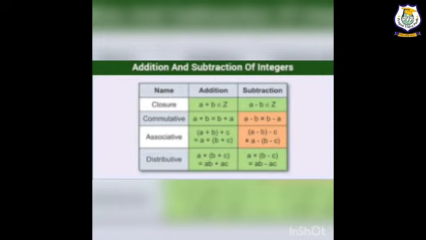Associative property: for addition, (a + b) + c = a + (b + c). For subtraction, (a - b) - c is not equal to a - (b - c). Distributive property: a × (b + c) = ab + ac, and for subtraction, a × (b - c) = ab - ac.